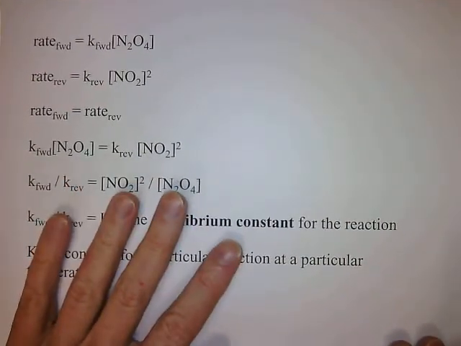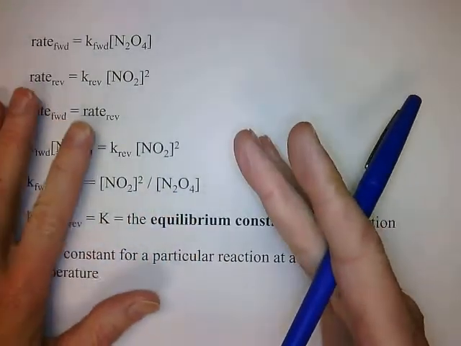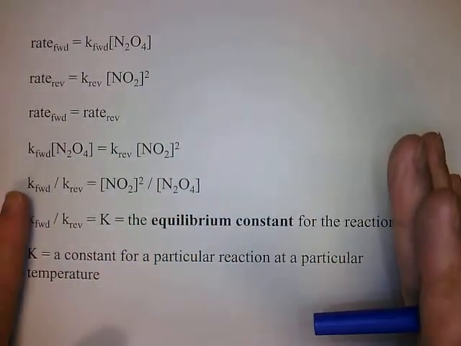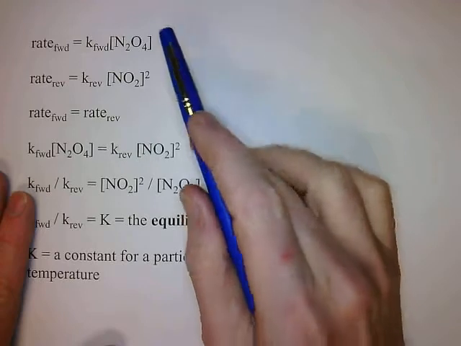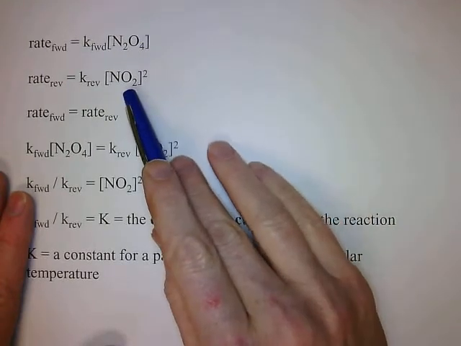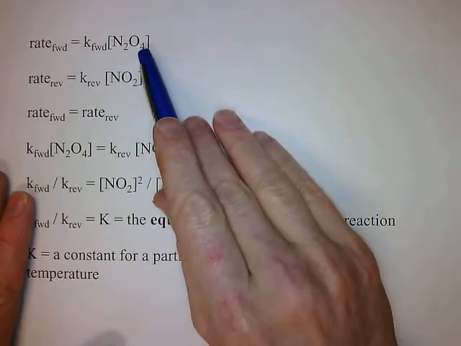So what's going on here? Obviously we have two reactions taking place at the same time: the conversion of this into this and the conversion of this into this.